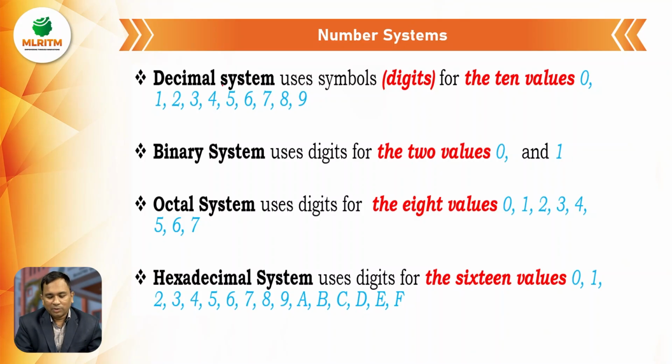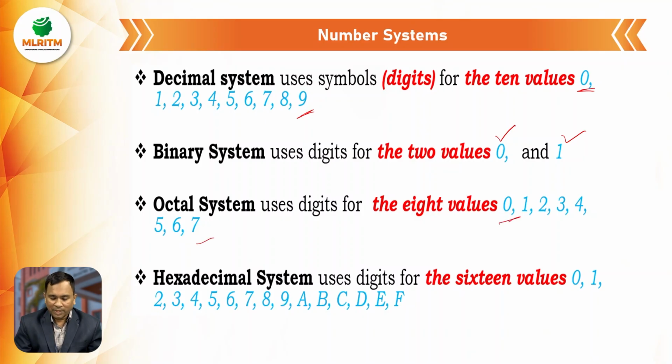Just now I told you that for decimal numbers, the varying parameter is from 0 to 9. The starting value is 0 and the ending value is 9, so we call this the decimal number system. In the binary system, there are only two numbers, 0 and 1. In the octal system, the values are 0 to 7, a total of 8 numbers.